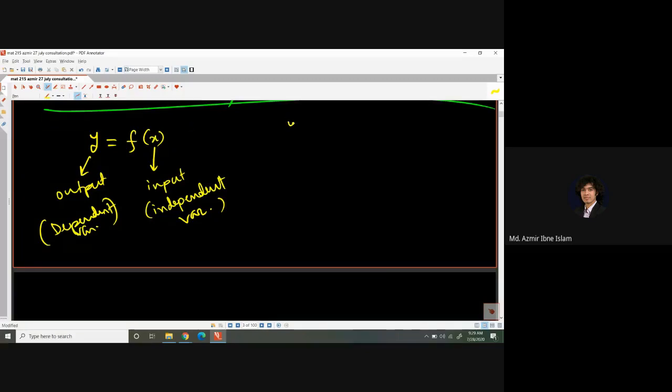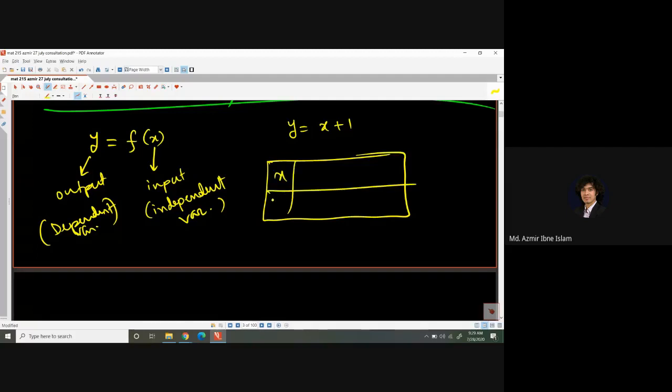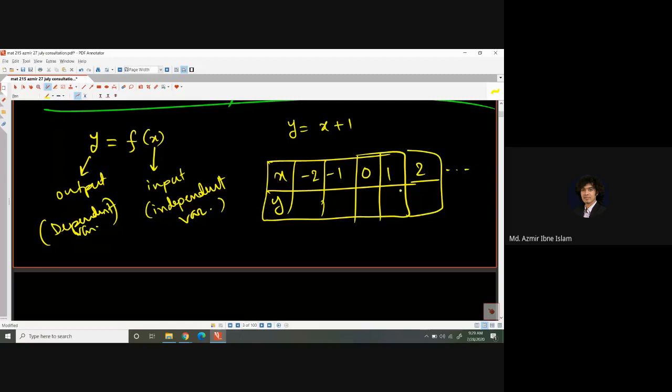Let's say we have a function y equal to x plus 1. If we input x, then we can find y. Suppose we take -2, -1, 0, 1, and 2. We can also take other values.